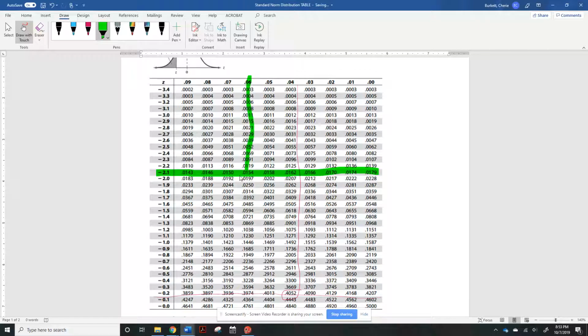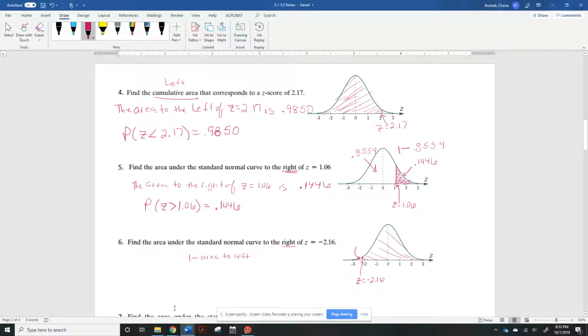So this is the number 0.0154. This area right here is 0.0154. So this area is 1 minus 0.0154.